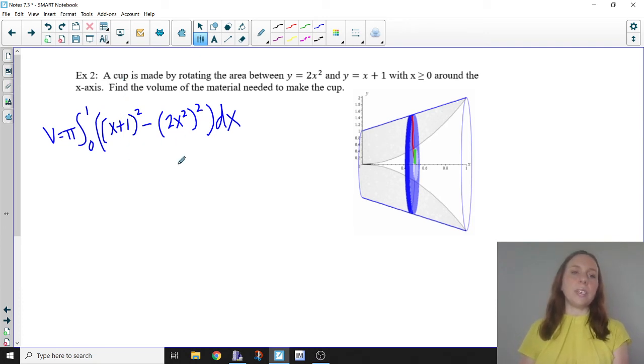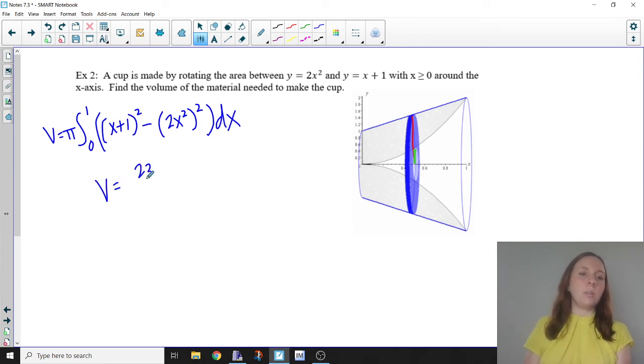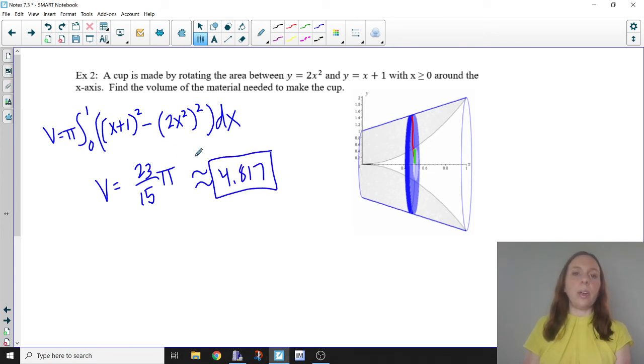But since I'm trying to keep this short, I will say when you do this integral, you should get 23 over 15. Don't forget to bring along the pi, or approximately 4.817. If I were you, I would at the very least confirm that you can get those answers in your calculator.